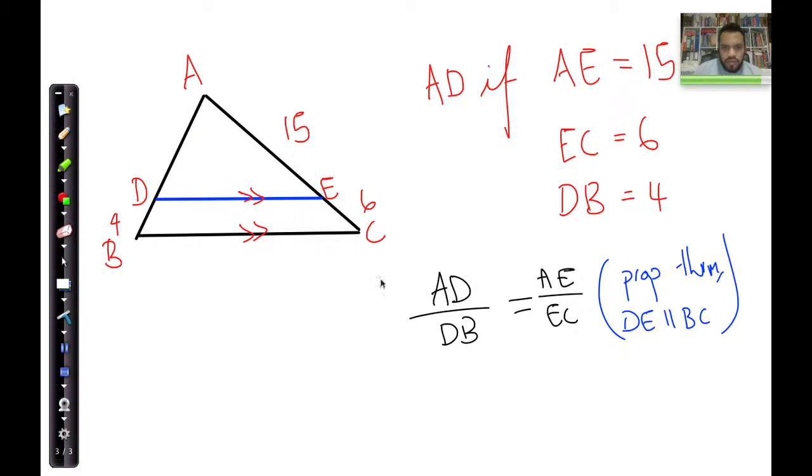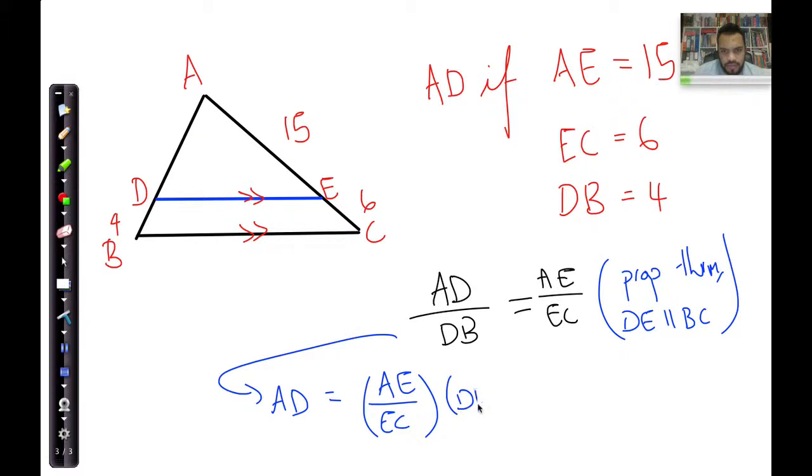Okay, now all I need to do is substitute because I've got these values, right? So what values am I going to put in? Let's actually solve that first. AD is what we want. It's equal to AE over EC multiplied by DB.